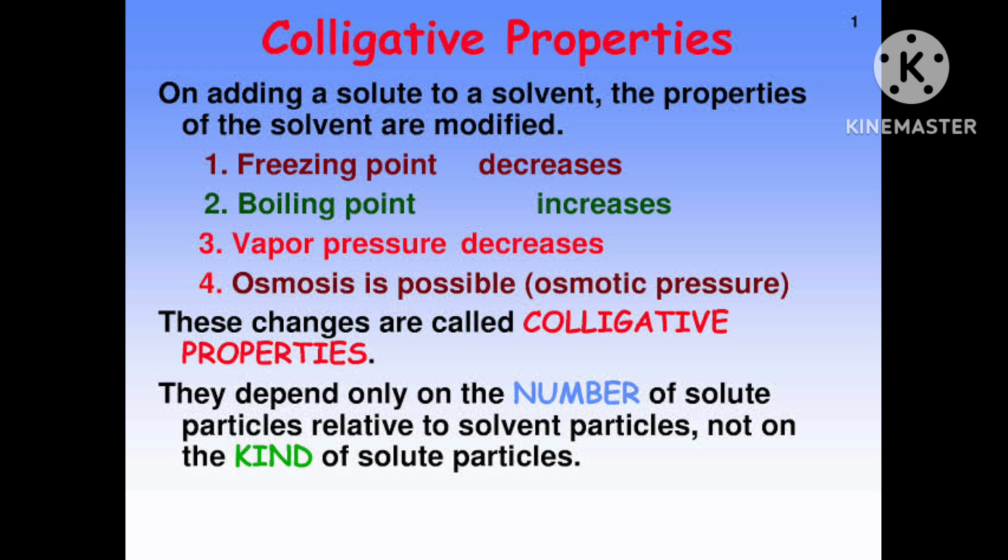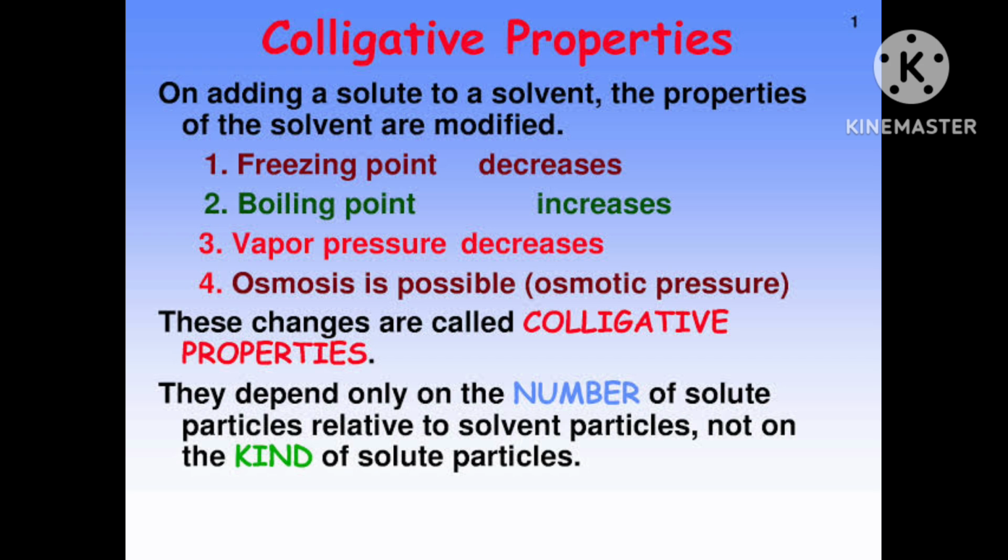P1 is directly proportional to the mole fraction x1, a small x1. And to write it in terms of equality, removing the proportionality sign, you have to multiply with a constant.